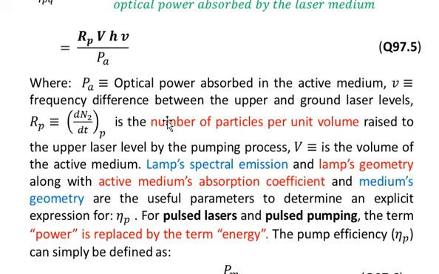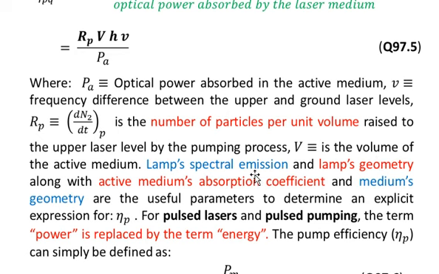So when you multiply Rp with capital V, which is the volume, then you will get the number of particles that are used to raise the upper laser level by the pumping process. So capital V here is the volume of the active medium.